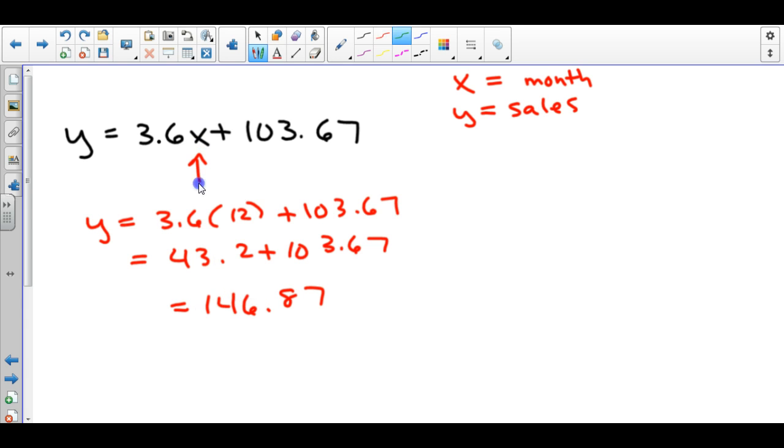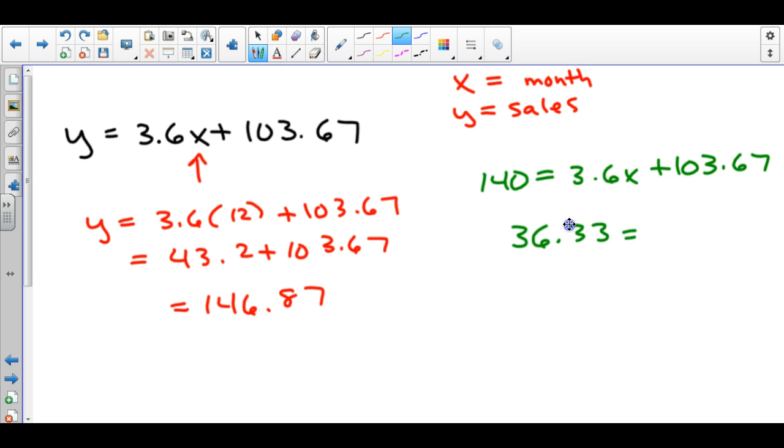Now, if I do this backwards, if I tell you that I want you to figure out what month it will be before we reach 140 sales, I'm giving you the 140 sales. So if I give you the output, you need to substitute it in for Y, and that means we are solving for X. So the first thing you would do here is subtract the 103.67 on both sides, and you would get 36.33 equals 3.6x, and now you would divide both sides by 3.6, and we'd get our same answer that we did before.